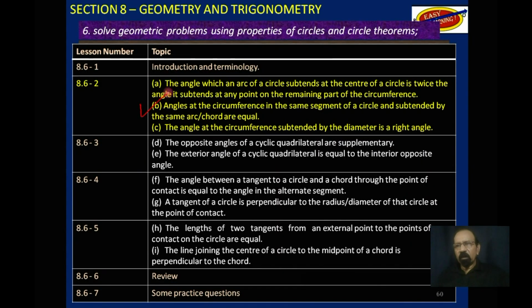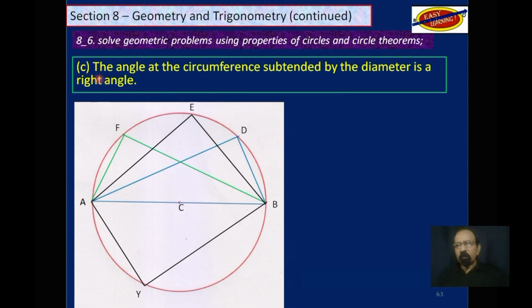So we have looked at those three. We will now look at these two. Remember from that third one, we said that E is equal to Y. This angle here, E, which is 90 degrees, is equal to Y down here, which is 90 degrees.